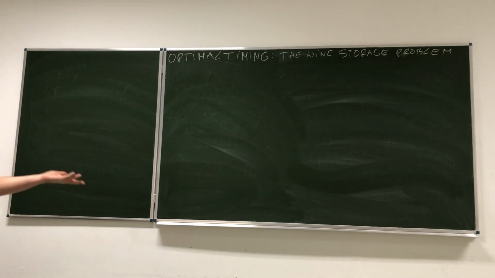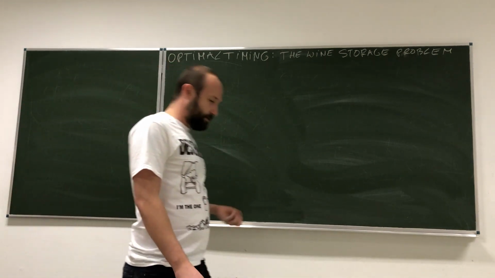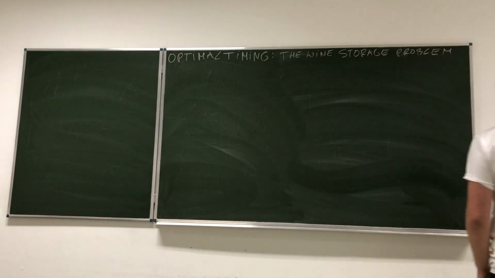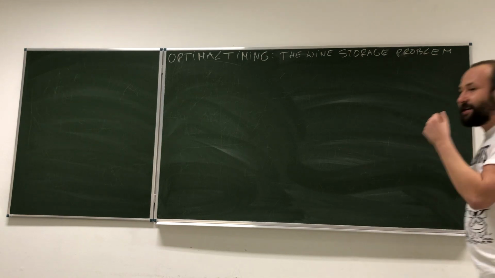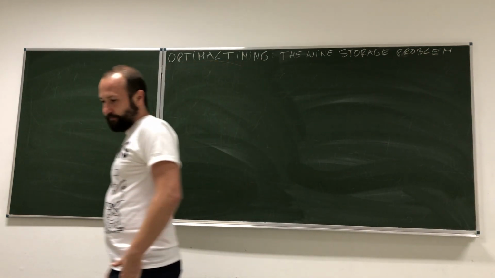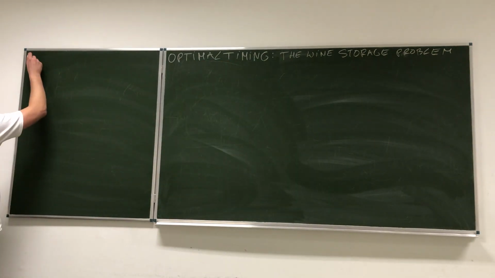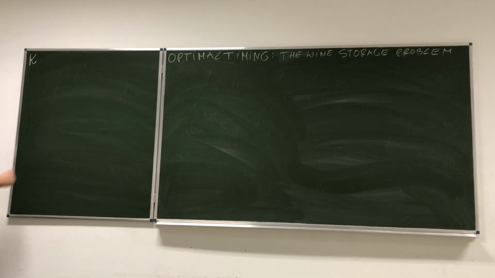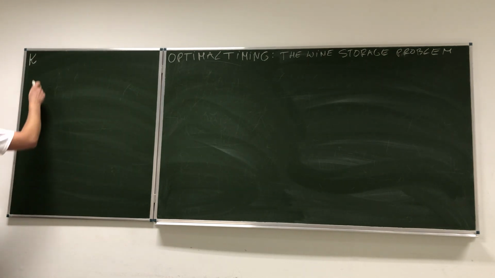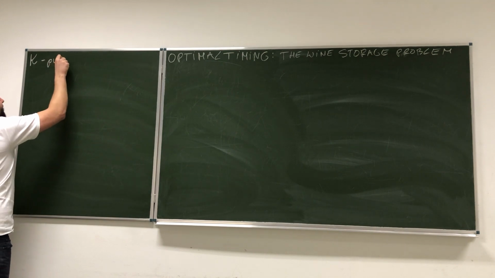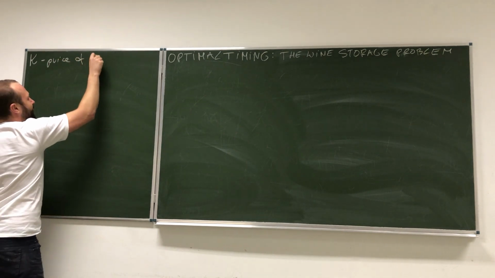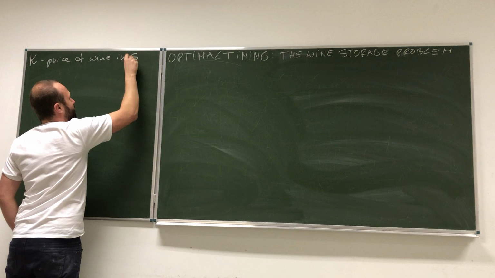This is called the wine storage problem because, of course, we will be dealing with wine. Okay, imagine a case like that. You buy a case of wine for K dollars. So K is the price of wine in dollars.